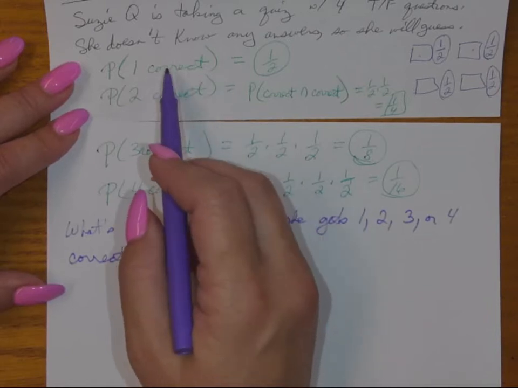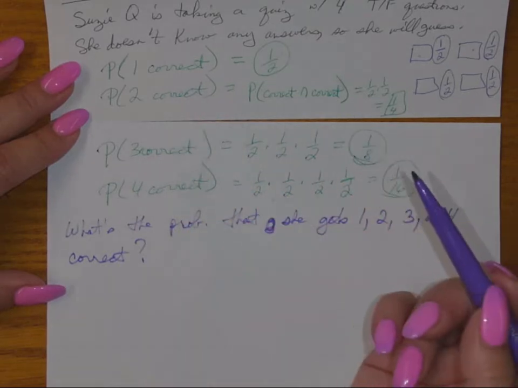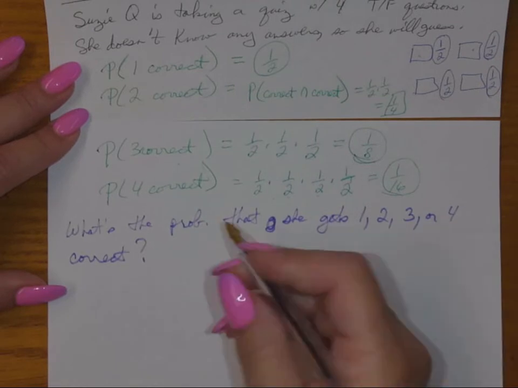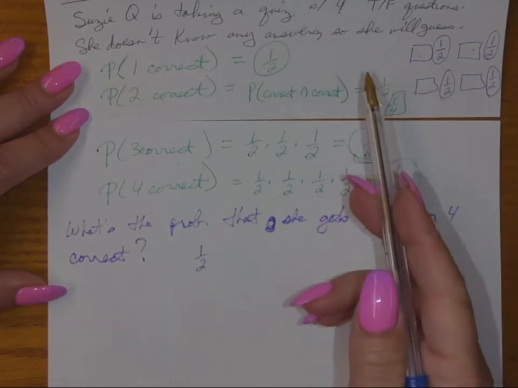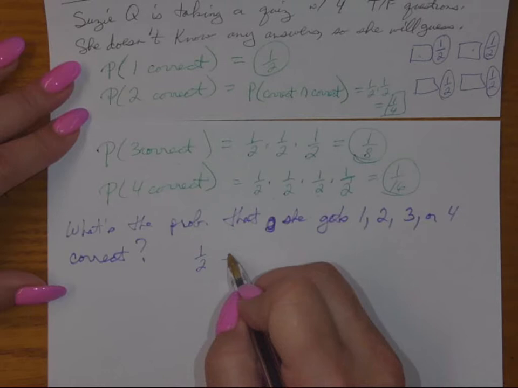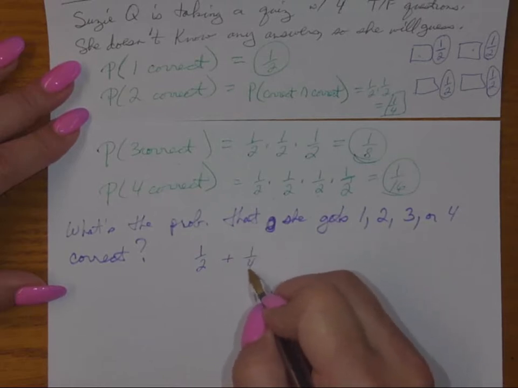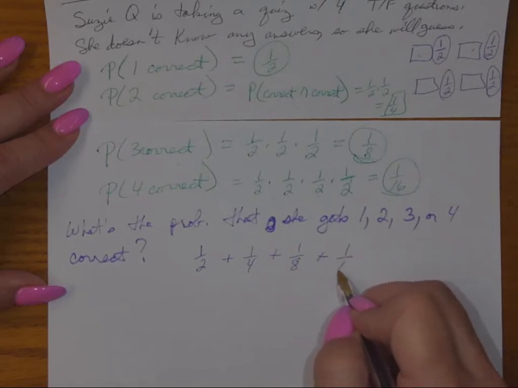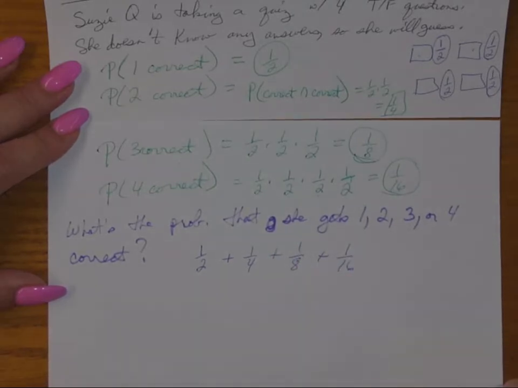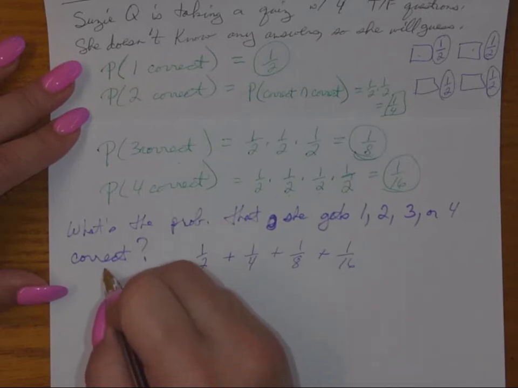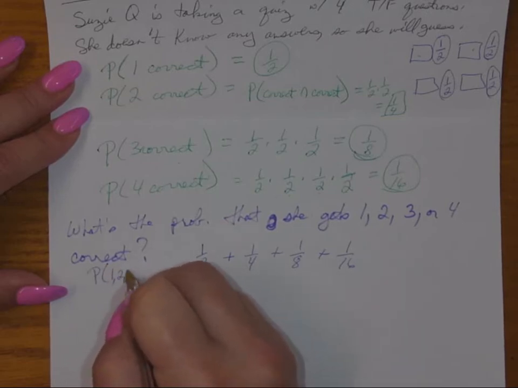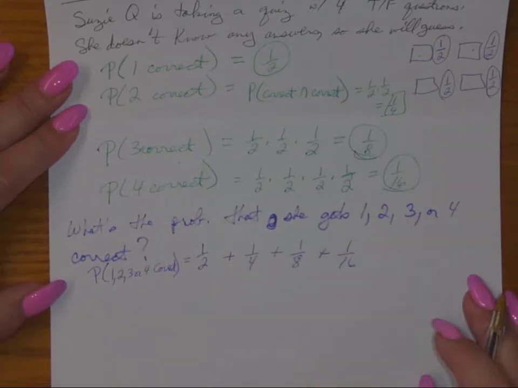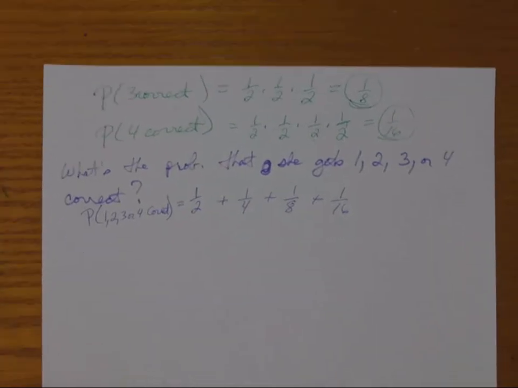So she gets 1 correct, or 2 correct, or 3 correct, or 4 correct. Well, what does that look like? It's a 1/2, and we're doing ors, so that was a plus. So plus 1/4, plus 1/8, plus 1/16. The probability of 1, 2, 3, or 4 correct. It's hard to write that one out, but that's what we're after. It's a bunch of adding going on there.